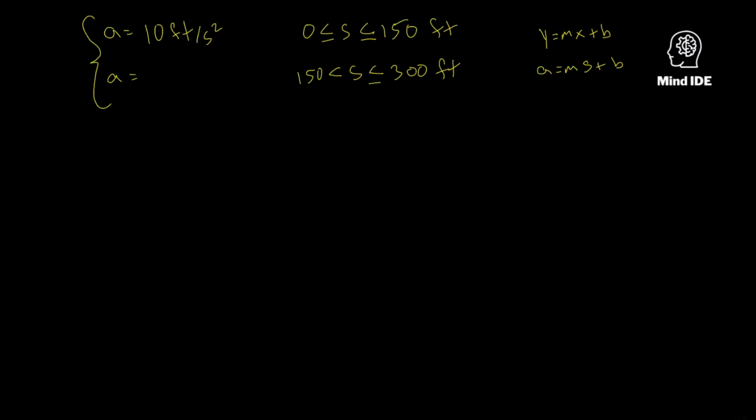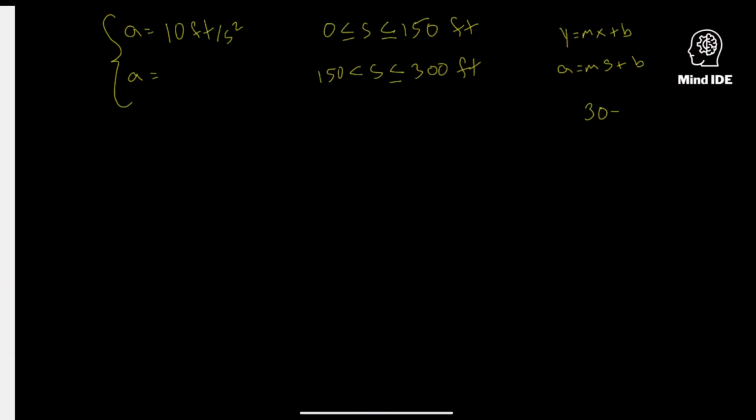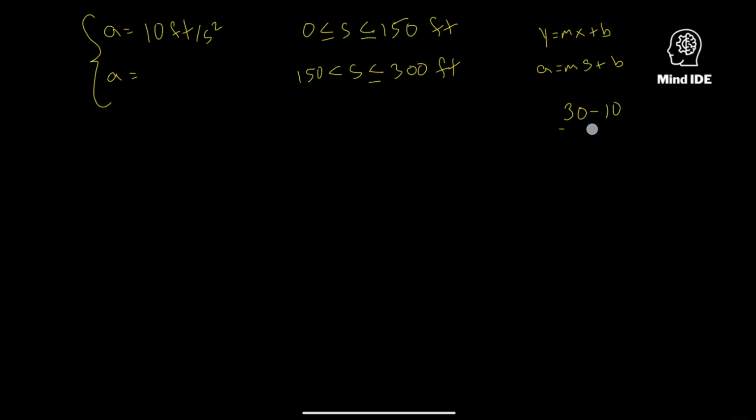We need to find our m value first, which is really easy to find with simple rise over run. So 30 minus 10 over 300 minus 150.